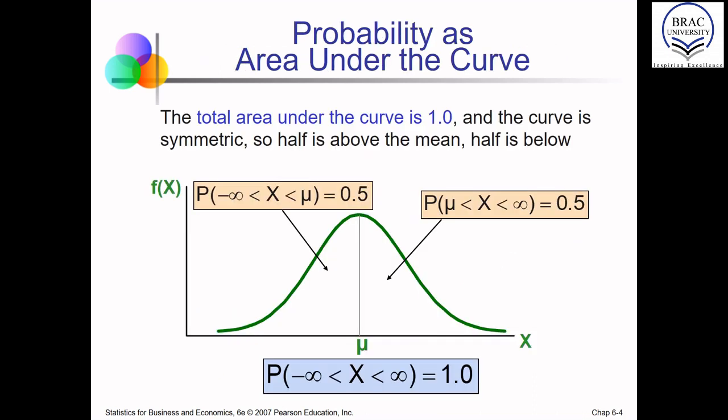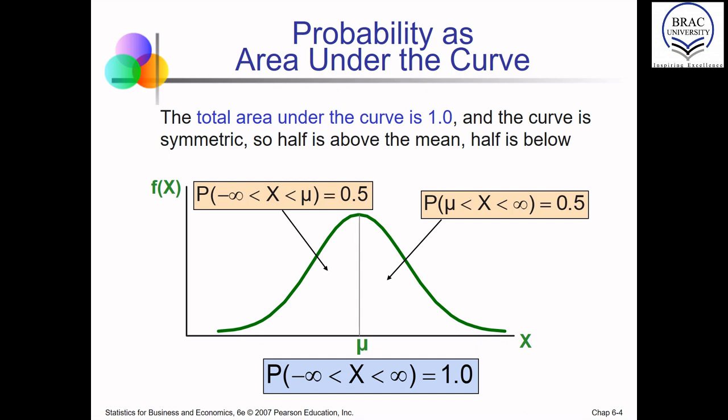Now we know that probability, which is the area under the curve, is always equal to 1. The total area under the curve is 1, which basically means your total probability is equal to 1. We know that the curve is symmetric. That means the right hand side of the curve is a mirror image of the left hand side of the curve, and vice versa.